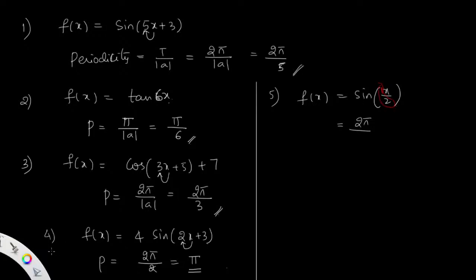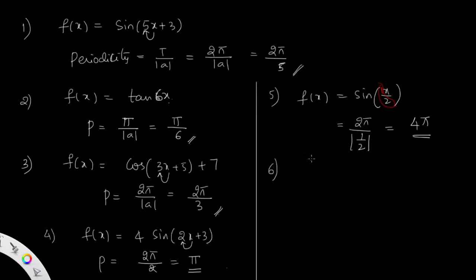It is positive, so the period equals 4 pi. The graph repeats every 4 pi units, not pi by 2, it is only 4 pi for sine of x by 2.